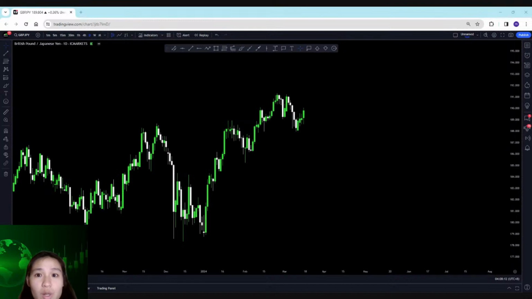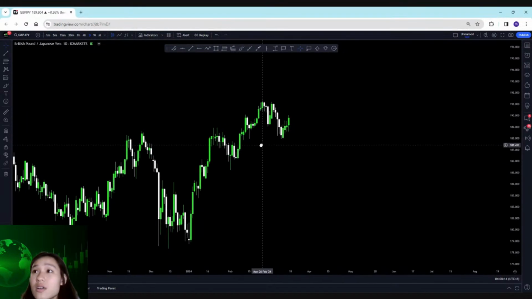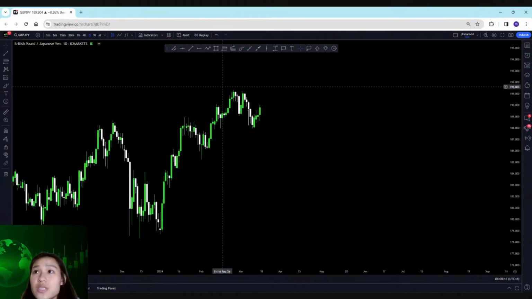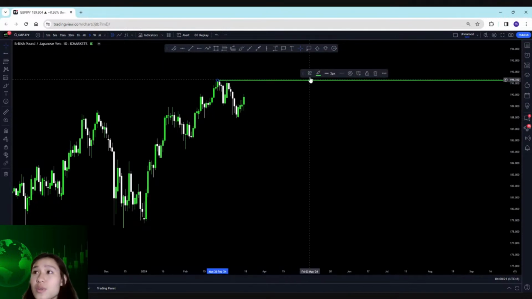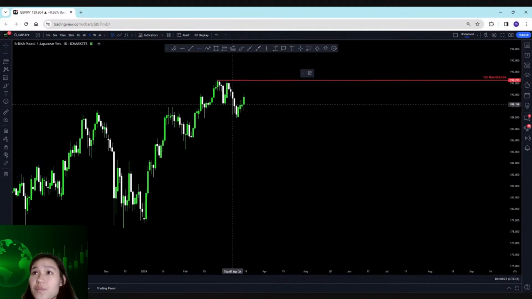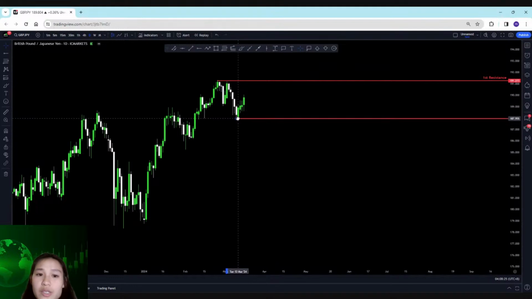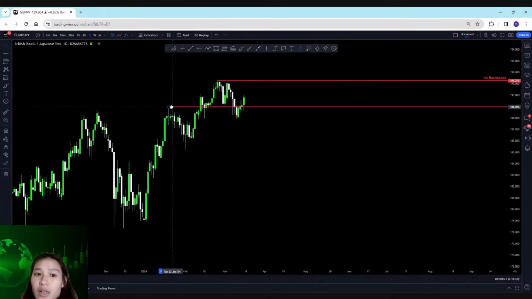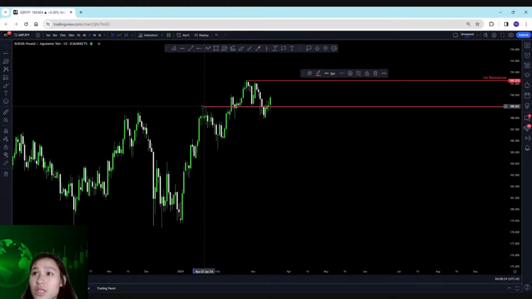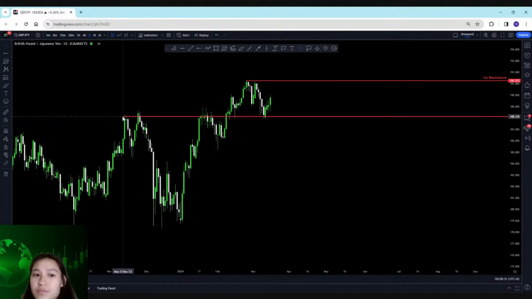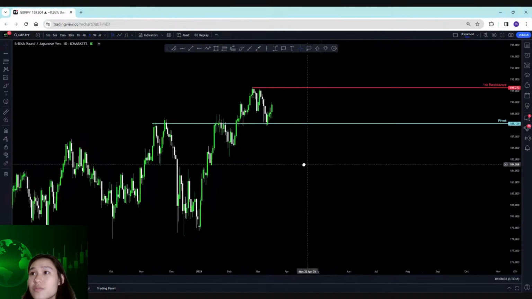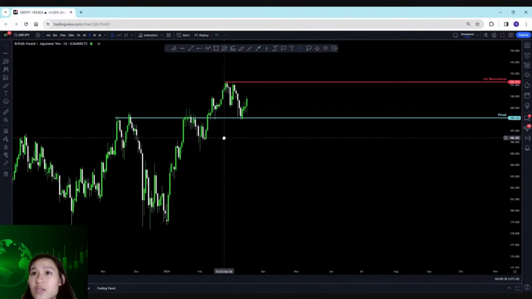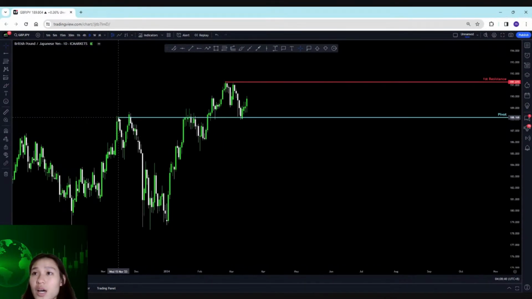Okay. So starting off with pound yen, I'm gonna put my first resistance over here at this swing high. This is my first resistance. Next, I'm gonna place my pivot right about over here. And then over here, there's overlap support.